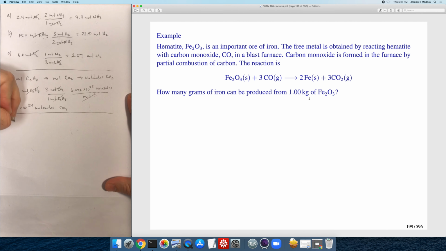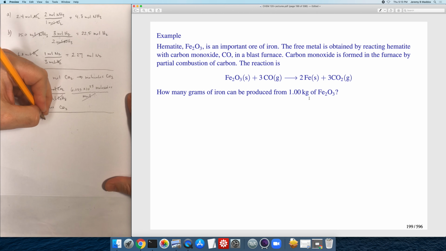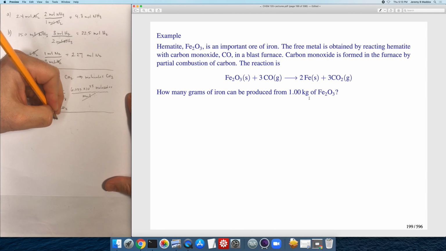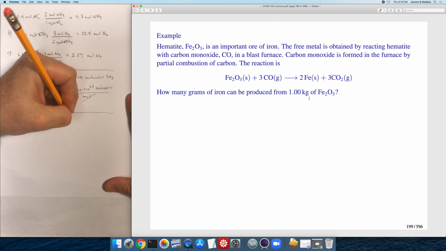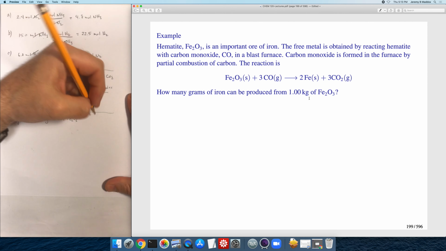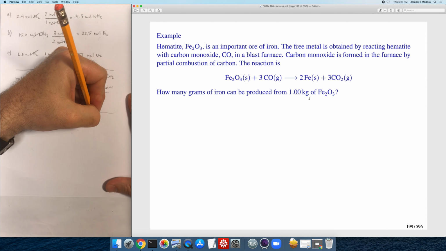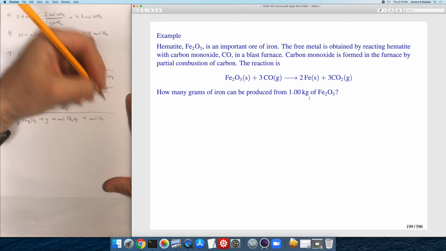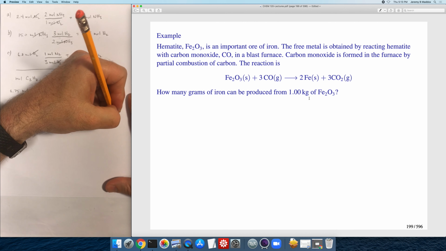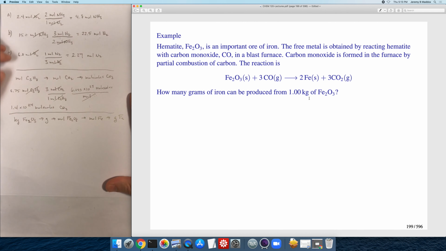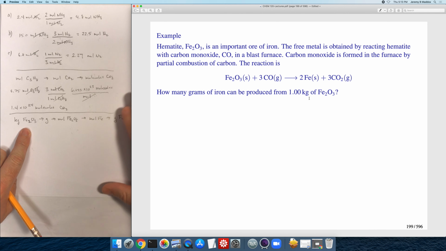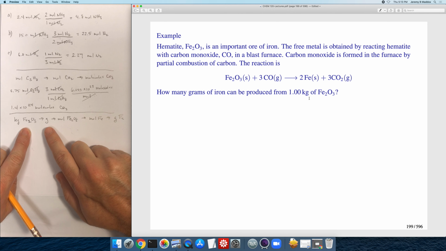We are going to go from the kilograms of the iron 3 oxide. We'll convert that to grams, and then we'll go to the moles of the iron 3 oxide. Then we'll convert that to moles of iron, and then the last step will be to grams of iron. So kilograms of the ore, that's what we're given. We'll convert that to grams.